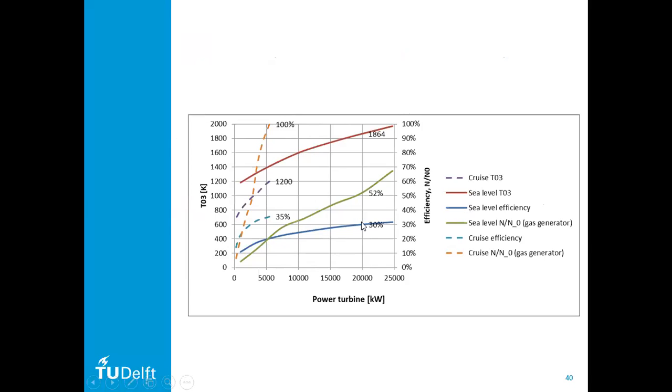So the sea level efficiency and the cruise efficiency are plotted here. So it's also a little bit higher, which is an advantage, because you're running a long time in this period, so you want to have a high efficiency, compared to a situation where you run a short period at a high temperature.